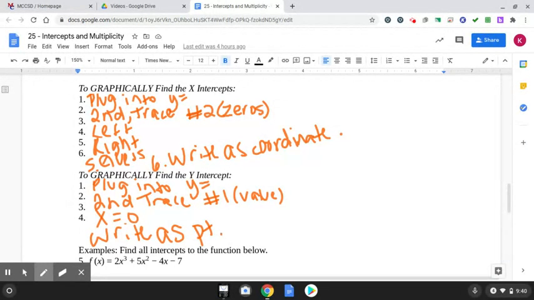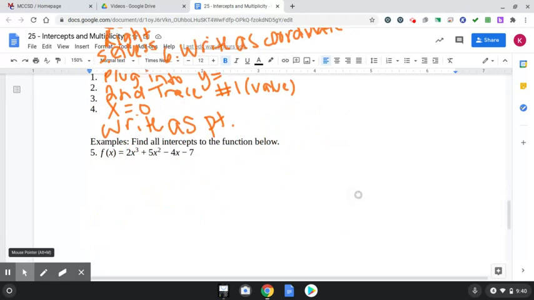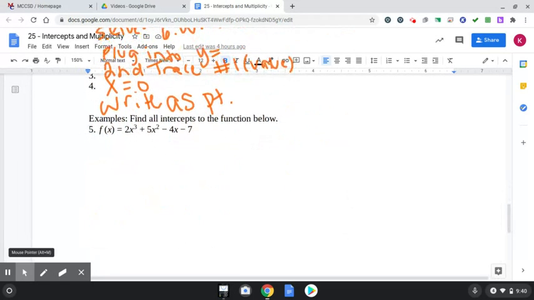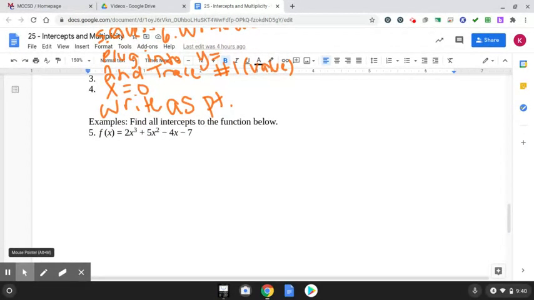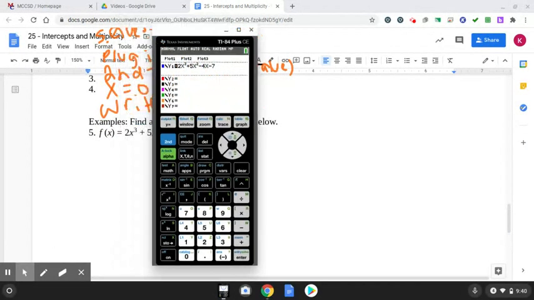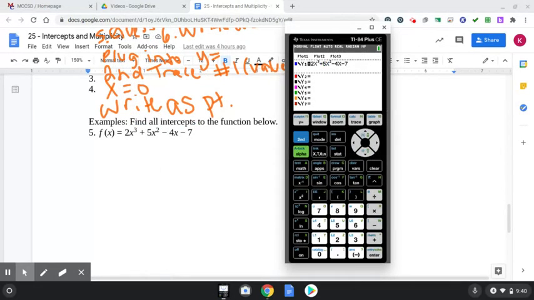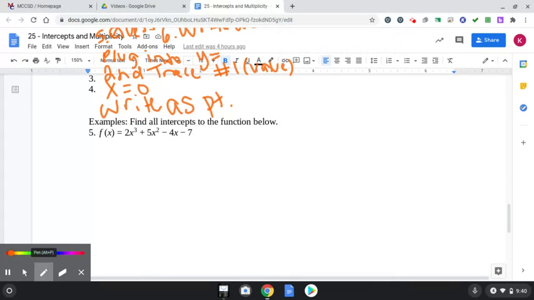Okay, so let me just show you quick how to do this in your calculator. This last example down here, we have 2x to the third plus 5x squared minus 4x minus 7. I already have that typed into y equals. Then I look at my graph, right? So I'm just going to draw a quick sketch over here of what that looked like.